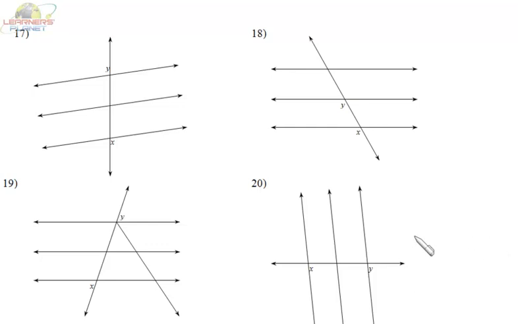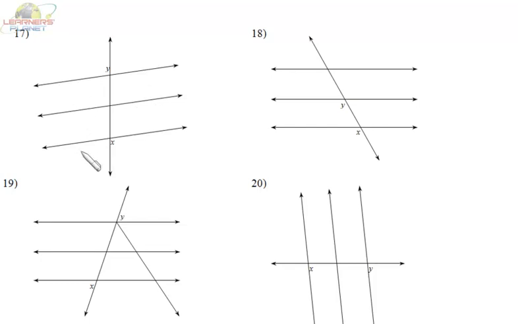Now let's find out the relationship between two angles when three parallel lines are given. Okay, we see this first case. These three parallel lines are there, and this is the transversal. Now we have to find out the relationship between x and y. Friends, we have to be very careful about it: if two lines are parallel and the third line is parallel to this line, that means all the three lines are parallel to each other.